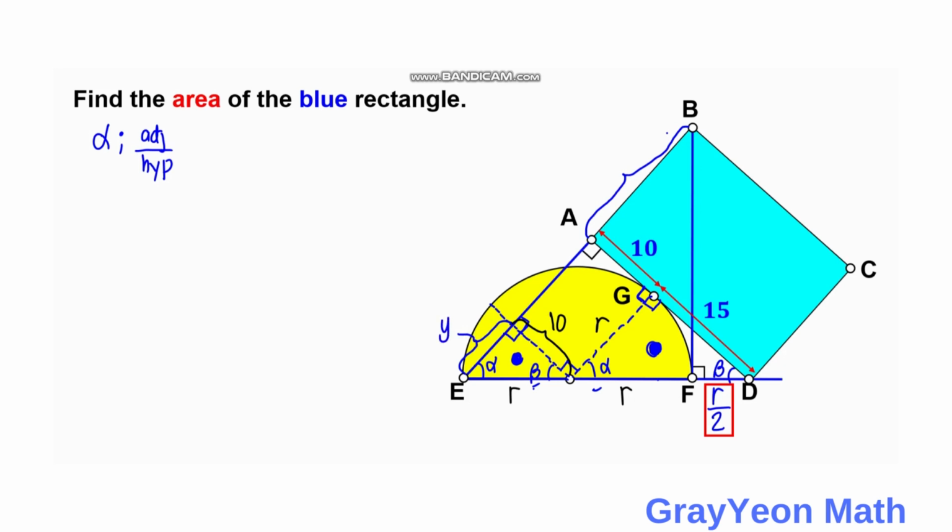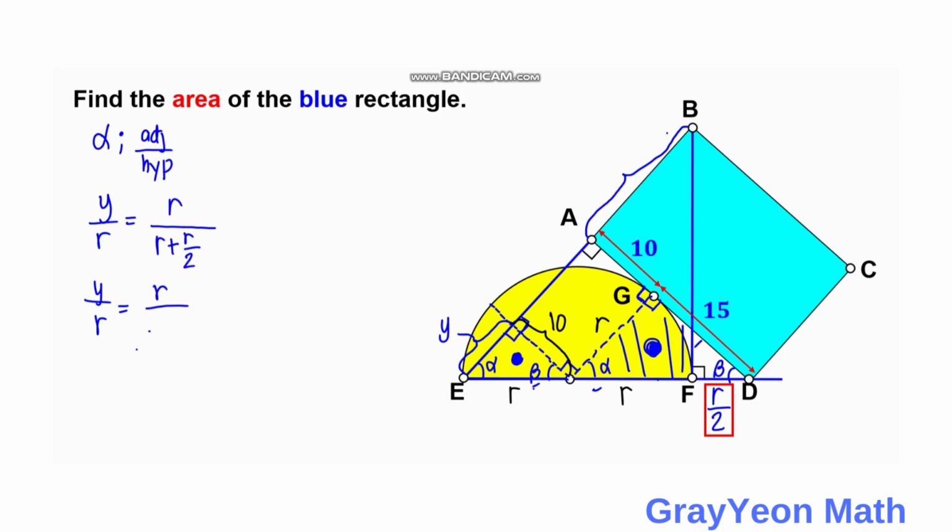So y, adjacent, over the hypotenuse R. So y over R is equal to the ratio for this triangle. So the adjacent is R over, this is actually R plus R over 2. So we have y over R is equal to R over 3R over 2, or let's make this understandable.